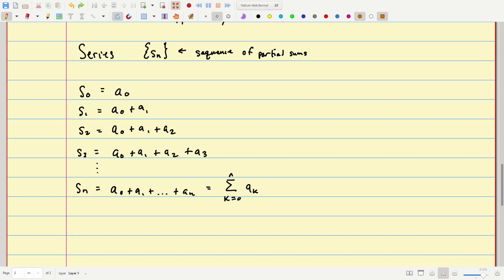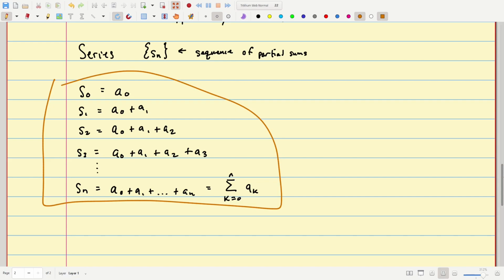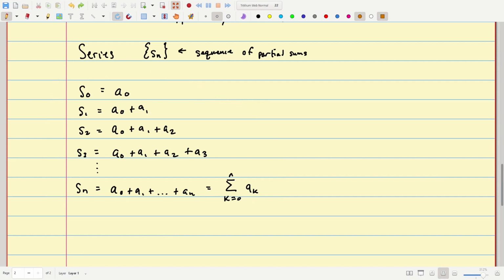When we talk about series, we don't hold this picture explicitly in our head, but all of the theoretical work that was put into this and is going on behind the scenes is based on this idea. These things are really sequences. It's just that for application purposes, a sequence of partial sums, particularly if we allow this limit to go to infinity, gives us something useful in terms of representing functions.